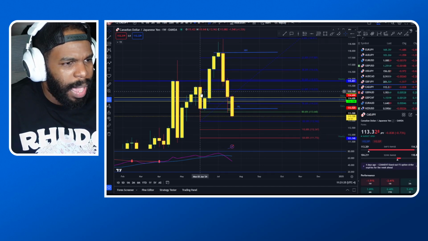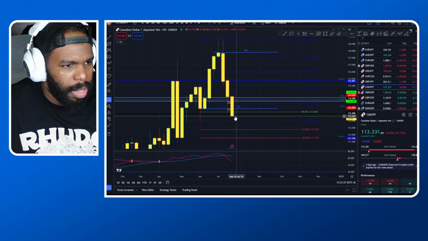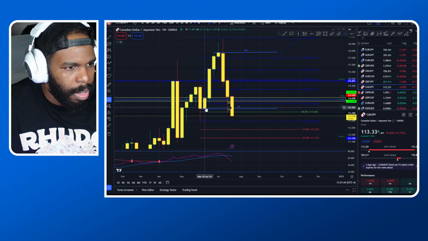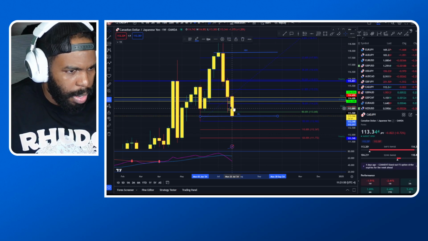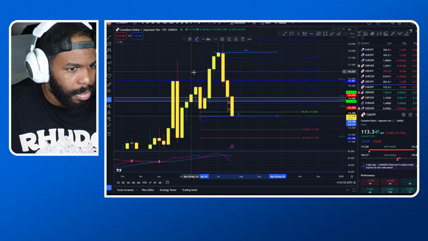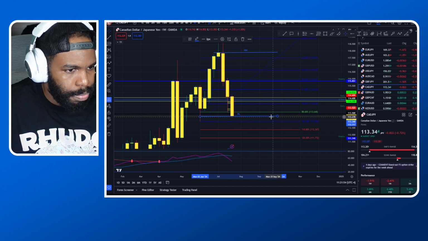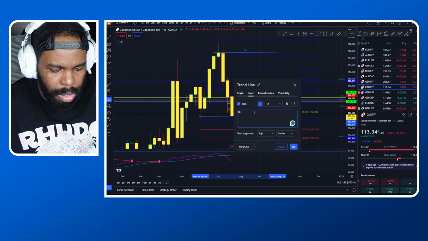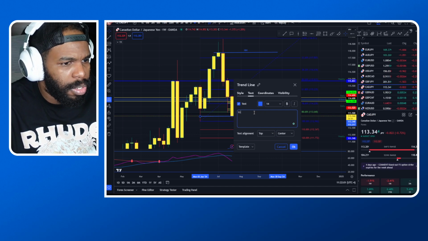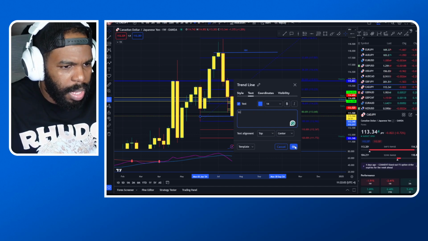Then let's take a look at this here. When it comes to CAD JPY, we're definitely way below, discounted. So basically, we created a lower low here. I might have to change that to a lower low. So now definitely bearish on the weekly when it comes to CAD JPY.